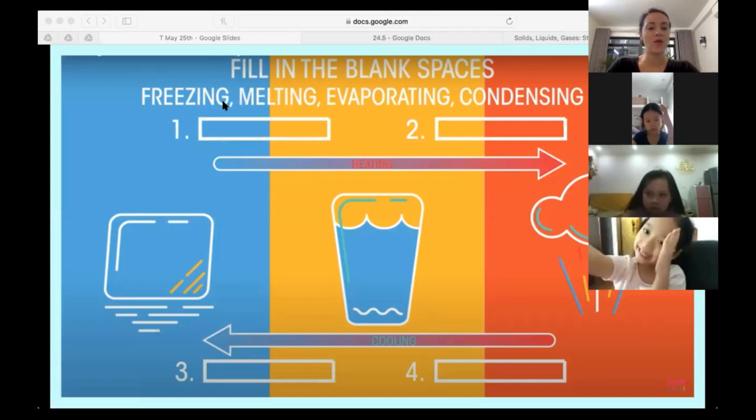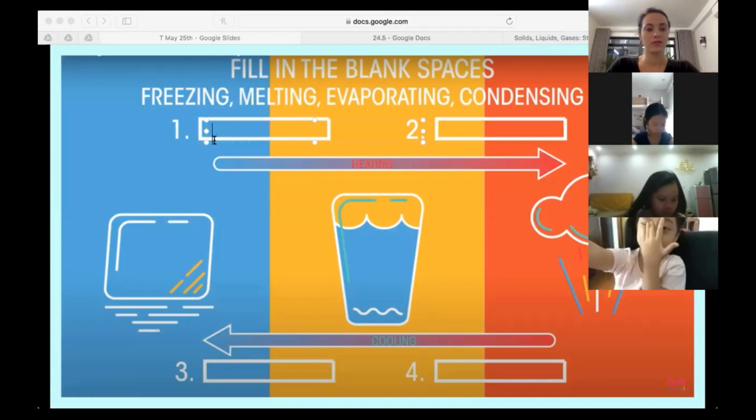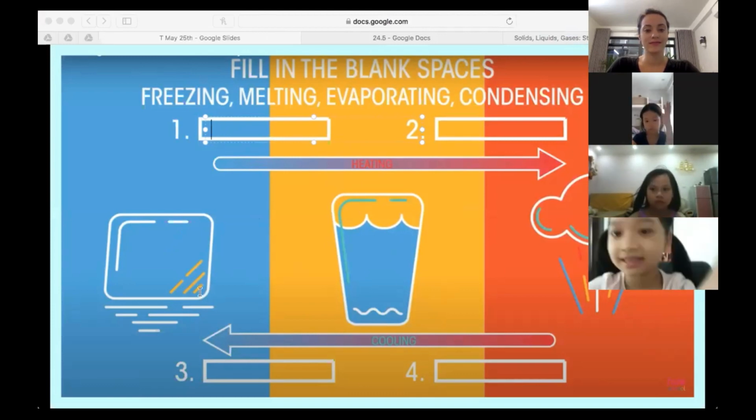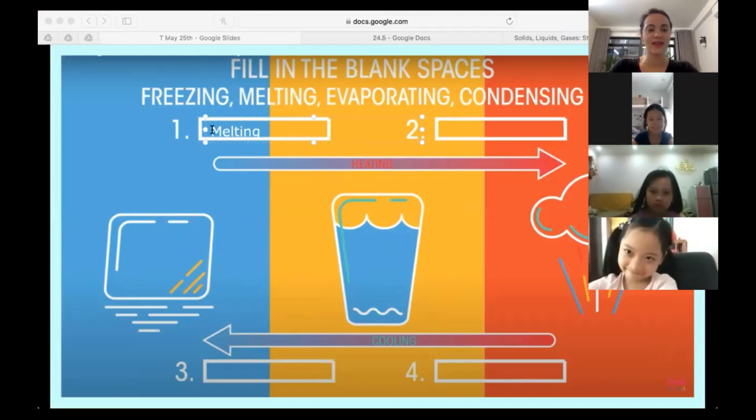Let's try Zook. Zook, what is number one? A solid to a liquid is called freezing. A solid to a liquid? A solid to a liquid is melting. Okay, whew, I was about to be a little worried.